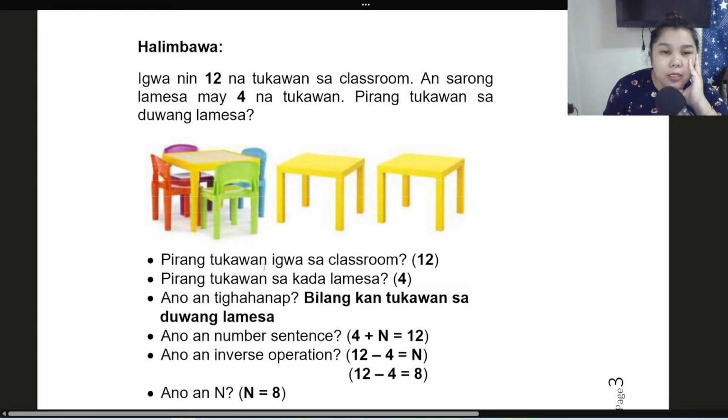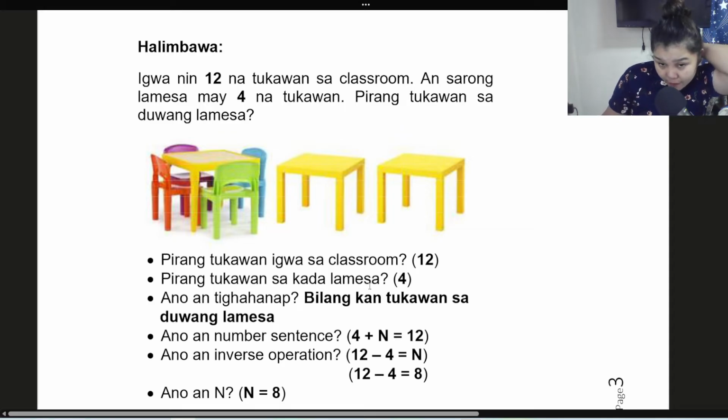Okay, another example. Iguanin 12 na tukawan sa classroom. Ang sarong lamesa, may 4 na tukawan. Pirang tukawan sa duwang lamesa. So, pirang tukawan igwa sa classroom? 12 gabos. Pirang tukawan sa kada lamesa? 4 or 4. Anong tigahanap bilang kantukawan sa duwang lamesa?